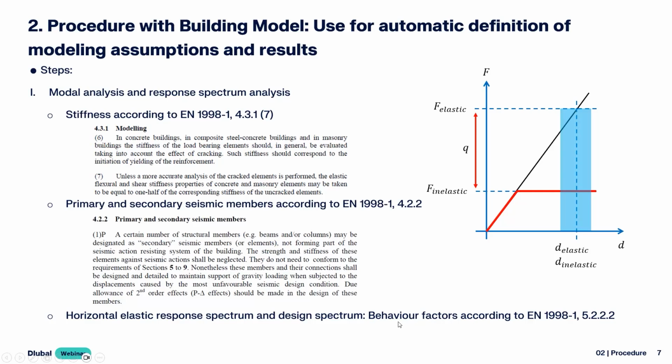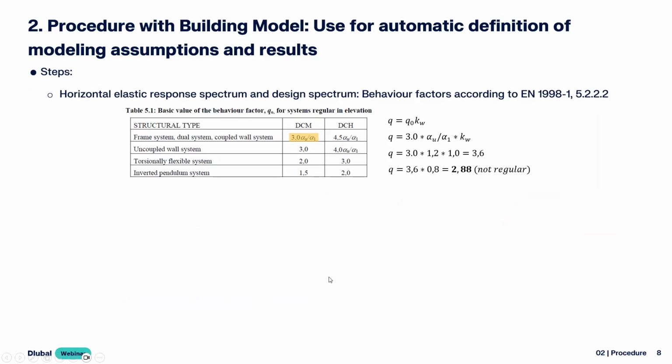And here it's important to make a definition of the behavior factor. The behavior factor is defined or specified in section 5.2.2.2. So I recommend a review of this section, a full review.